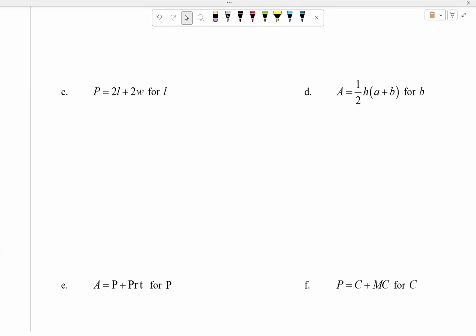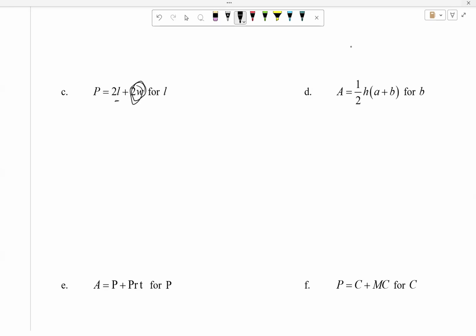Okay, step 1. What do we have to do? I want to isolate that L. Divide by 2, you could, I'm not going to.